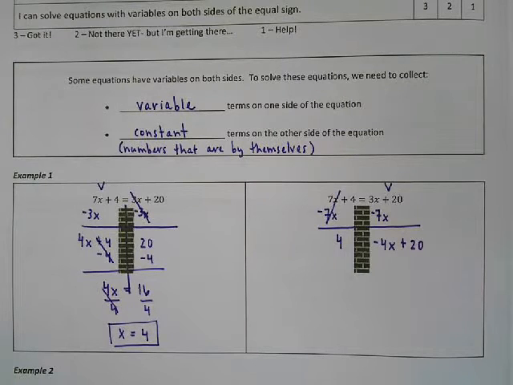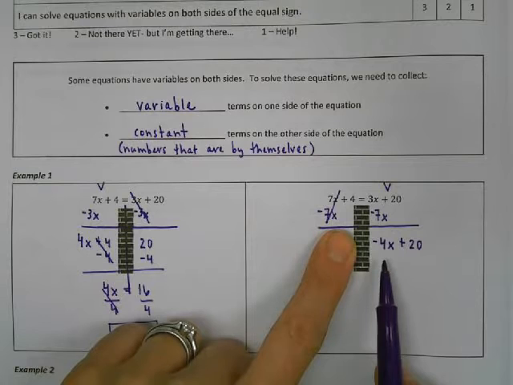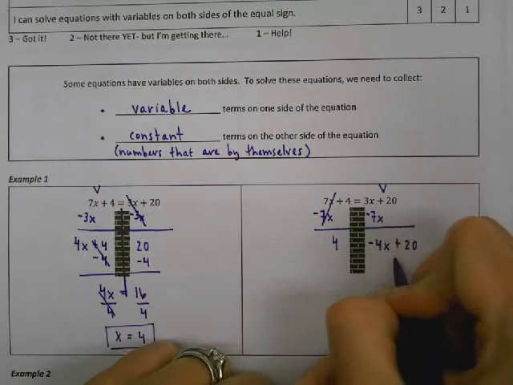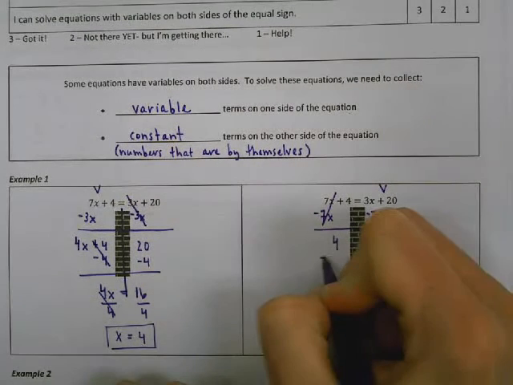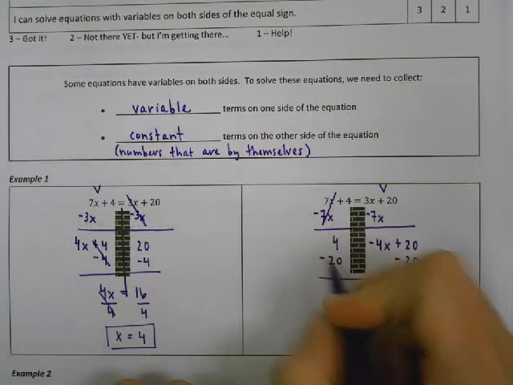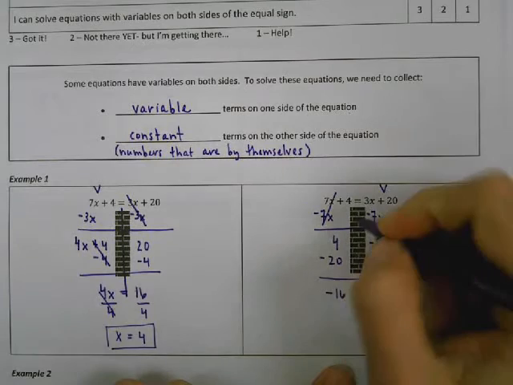So now again, I have a basic two-step equation. If I look on the side with my variable and find that constant, that's what I need to move first. So now I'm going to subtract 20 from both sides. On this side, 4 minus 20 gives me a negative 16.